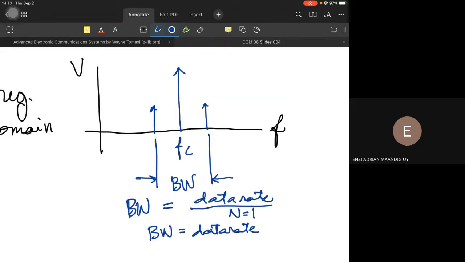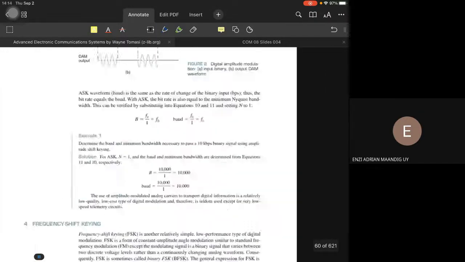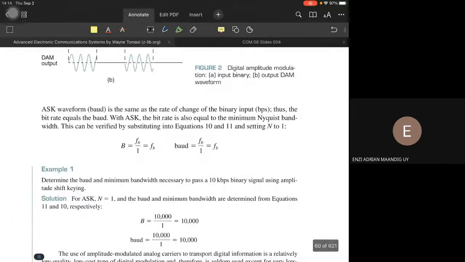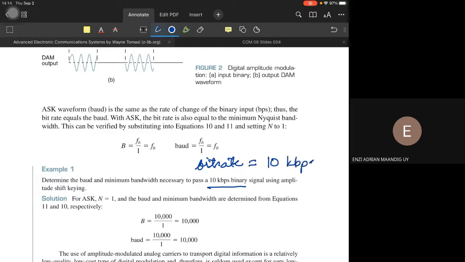So let's say for example: determine the baud and minimum bandwidth necessary to pass a 10 kbps binary signal. The bit rate, or perhaps the more proper term, data rate, is 10 kbps in this example. So our bandwidth is 10 kilohertz.